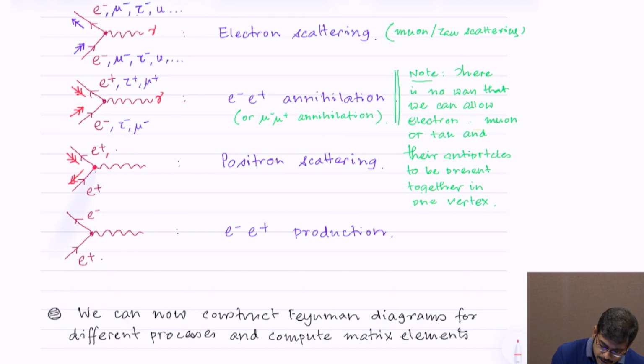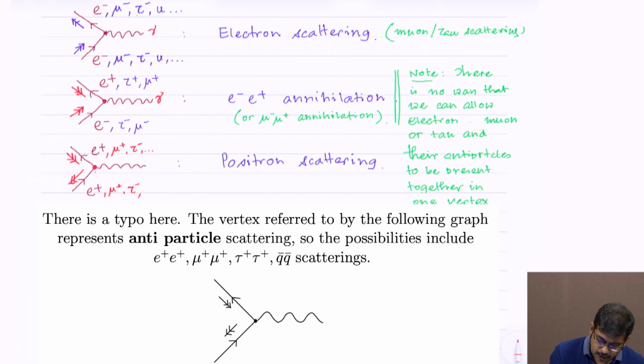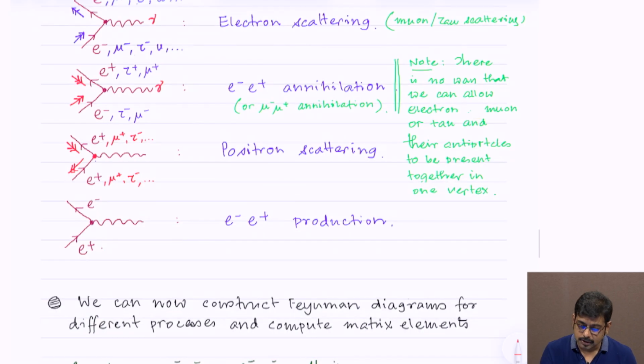The positron is coming to the vertex and the positron is going out, and similarly you can represent this by a muon scattering or a tau scattering, and of course, a quark scattering. You are not limited, right. Any possibility is embedded in this so called QED. So, this is the positron scattering. Well, you can say that I can also represent it by mu plus scattering, tau plus scattering, and so on.